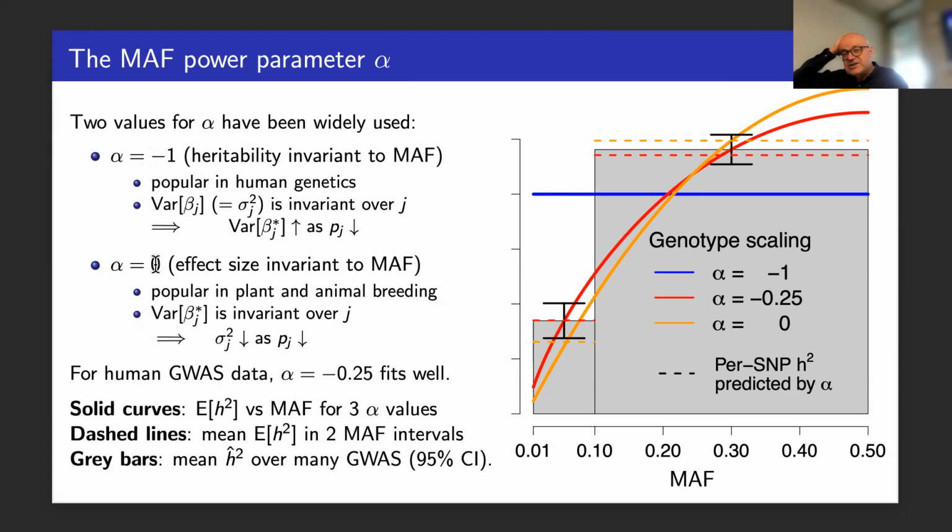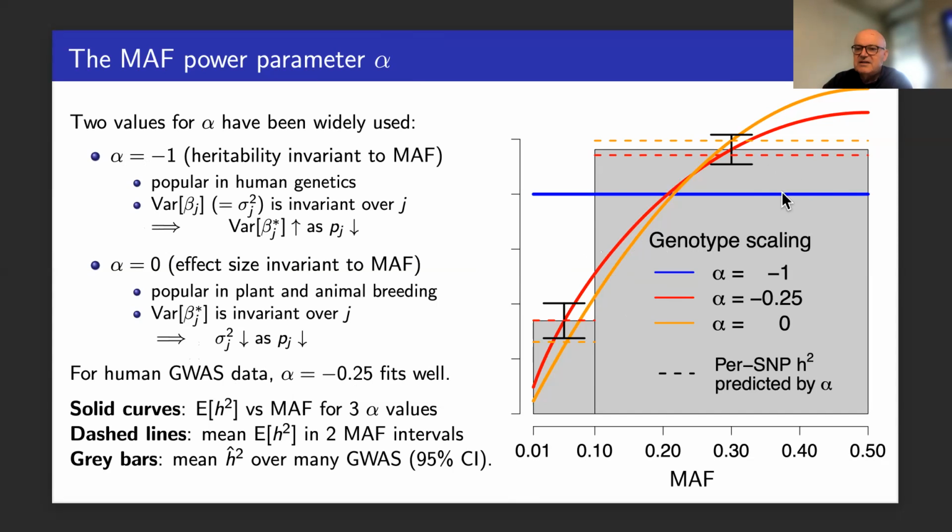In other words, they were just assuming that the effect size distribution was uniform over SNPs rather than heritability being uniform over SNPs. So it's then an interesting empirical question of which of these is right, or is it something else? To cut a long story short, we found that -0.25 fits pretty well, somewhere between these two standard assumptions. The diagram on the right is from our 2017 paper, showing the relationship between expected heritability, or average heritability, and MAF.